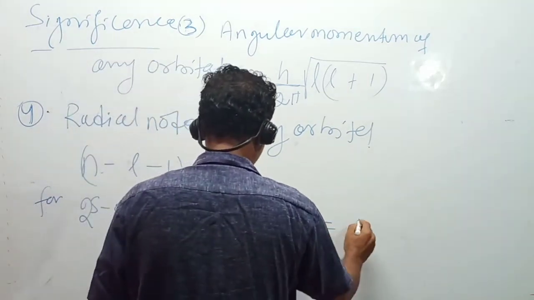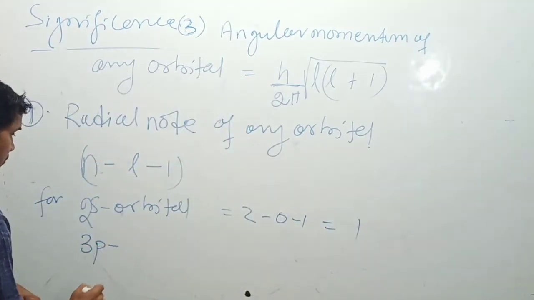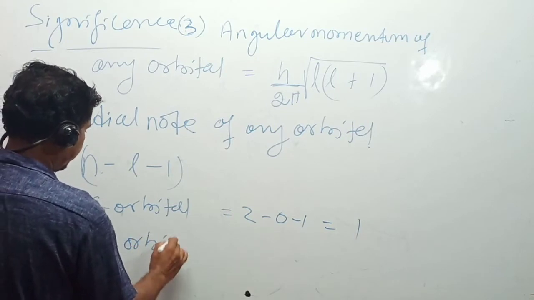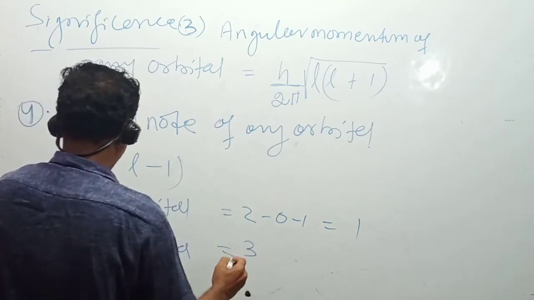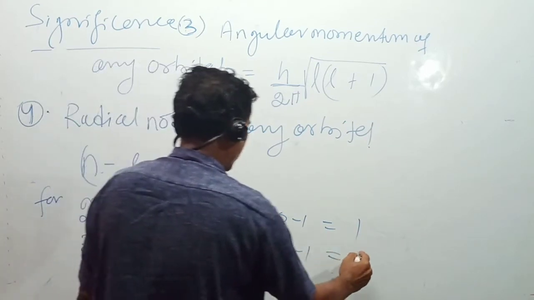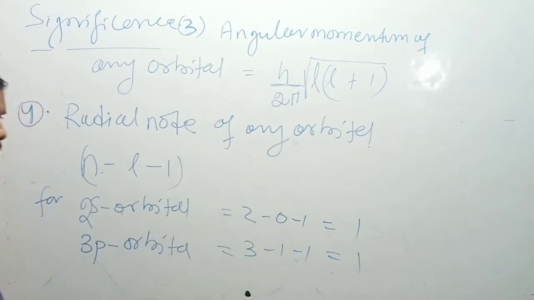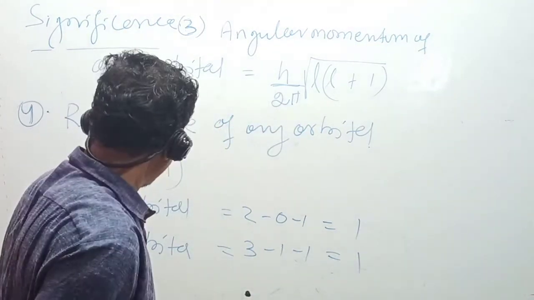So the radial node will be 1. For 3p orbitals, n equal to 3. For p, L equal to 1, minus 1. So it will be 1. Like this, we have to calculate the radial node of any orbital.